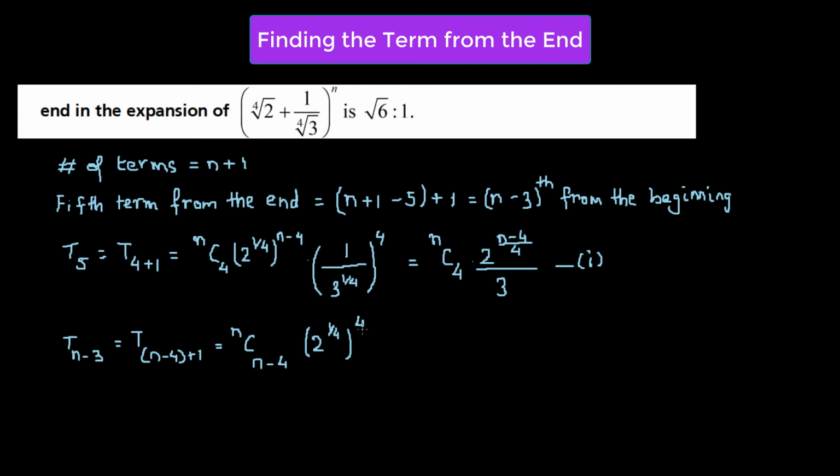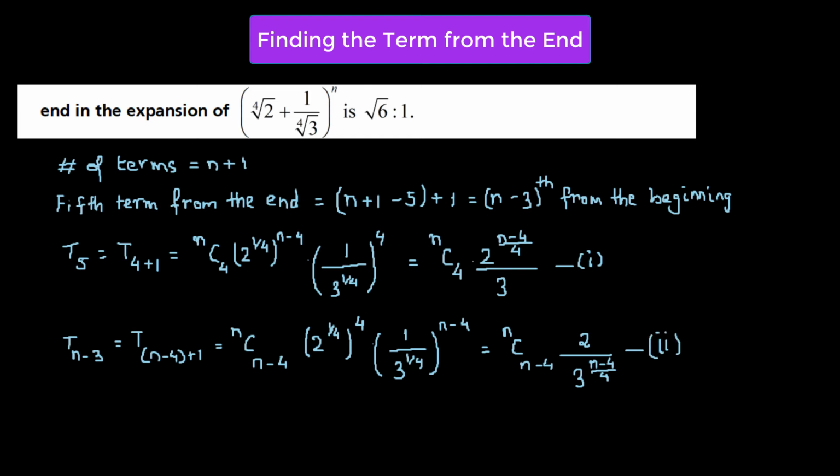That will give us simply 4 times 1 over 3 raised to the power of 1/4. The whole thing will be raised to the power of n minus 4. So that would give us simply nC n minus 4. So 2 raised to the power of 1/4 times 4 will simply give us 2. And the denominator will have 3 raised to the power of (n minus 4) divided by 4. So let this be equation number 2.